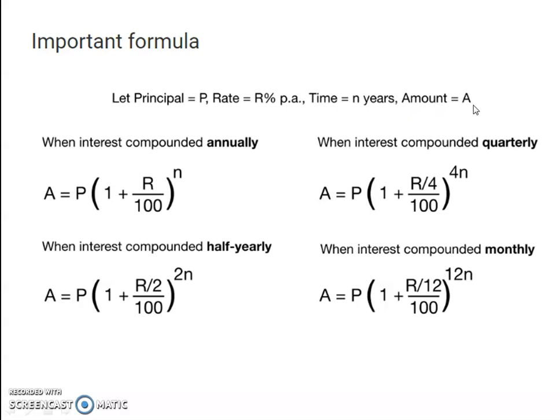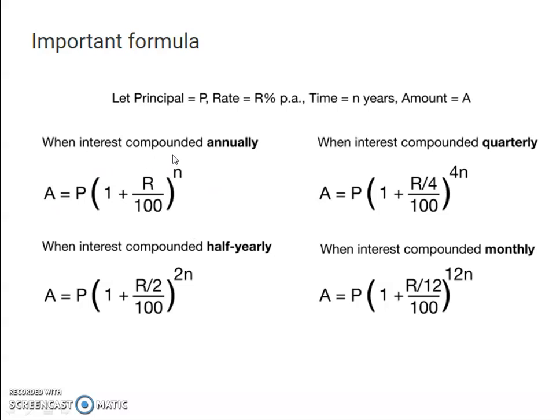Amount equal to A. Amount is after N years, the amount which you give back to the bank or the bank gives to you. This formula you are familiar with.